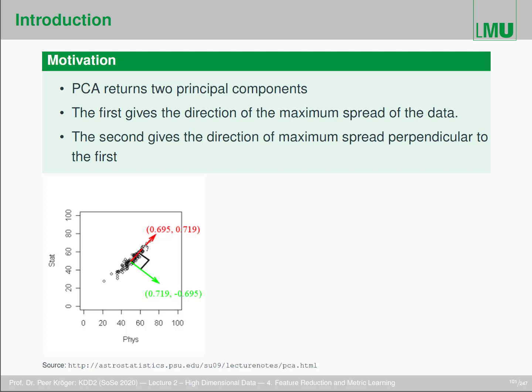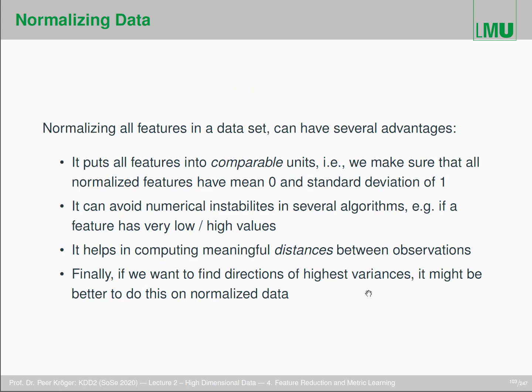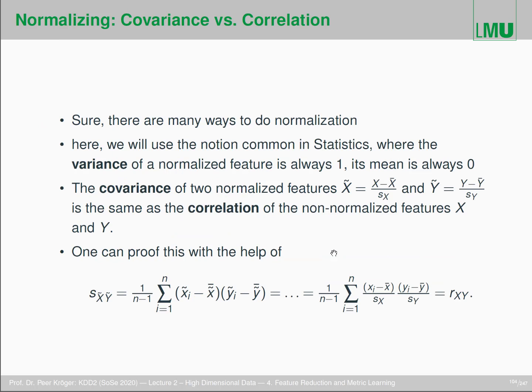If they are not comparable, those correlations may be ambiguous or biased, and at least they will be biased towards the features that have a higher variance per se. So normalizing before we do the PCA, before we try to find the direction of highest variance, might be a very good idea. That's why people typically normalize the data before they apply PCA.